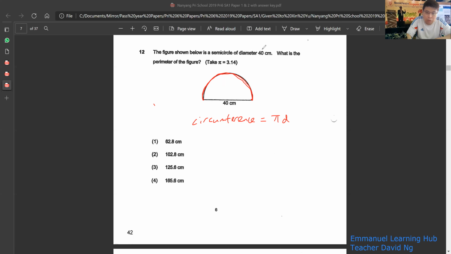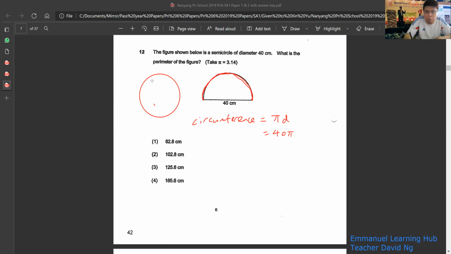Yes. So your d is 40. So the circumference of the circle is 40 pi cm. Circumference means it's a full circle. The perimeter around the circle is called circumference. Okay.